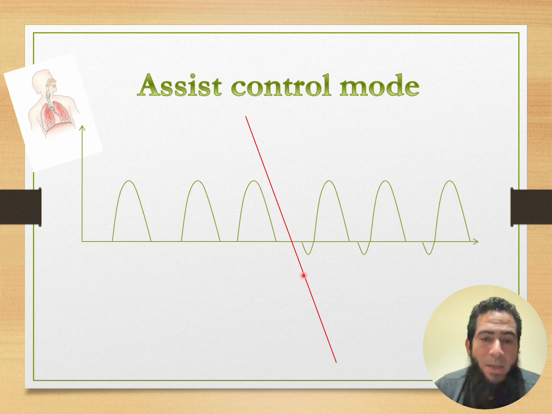Okay, so in assist control, on the machine there will be a set minimum breathing rate. For example, if you set your patient to take a minimum of 12 breaths per minute, and your patient is paralyzed and sedated and is not making any effort or interaction with the machine, the machine will give him the 12 breaths per minute.